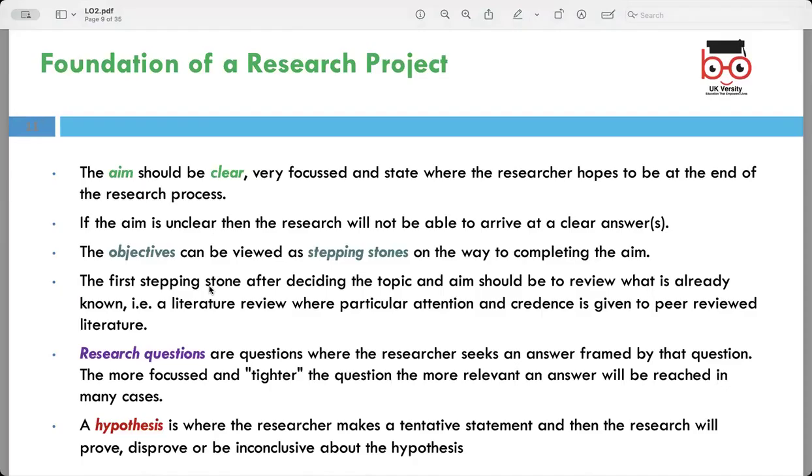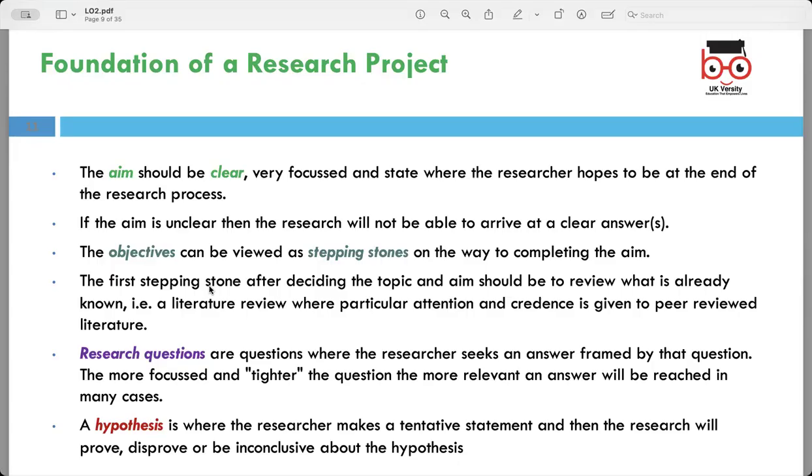Foundation of a research project. Here we will look at what forms the foundation of a strong research project. At the heart of every good research project is a clear and focused aim. Your aim tells us exactly what you want to achieve by the end of your study.